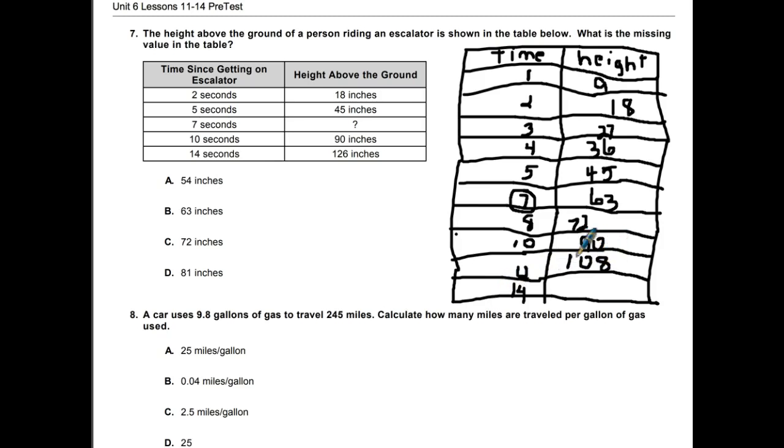And 14 times 9 is 126. But the answer that you wanted is 7 seconds is going to be 63 inches. Okay? Check to make sure you have all of that in there.